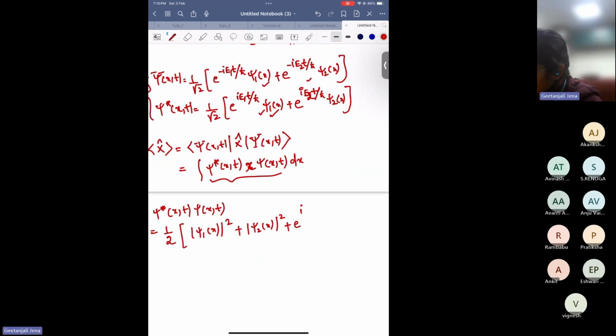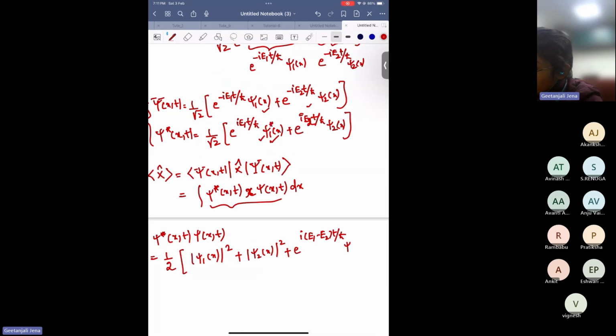There will be a term e to power i (E1 minus E2) t by h cut. These are all star, but as they are real functions, psi1(x) star will be equal to psi1.